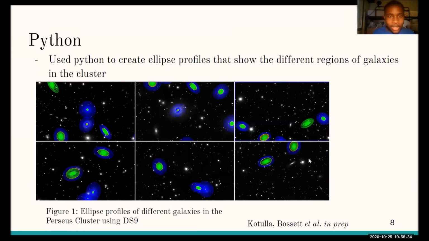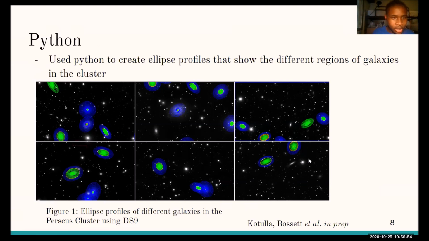Then we used Python to create ellipse profiles that show the different regions of galaxies in the cluster. This is particularly important because we want to know whether the center of the galaxy is brighter than the outskirts, or if there's a little bit of an increase in brightness in the outskirts.